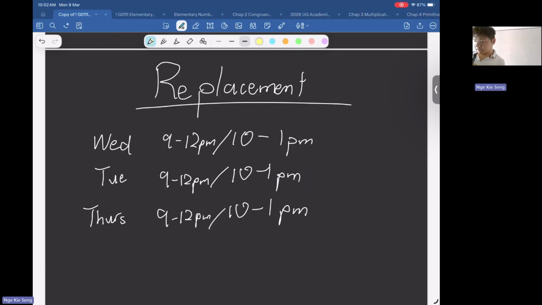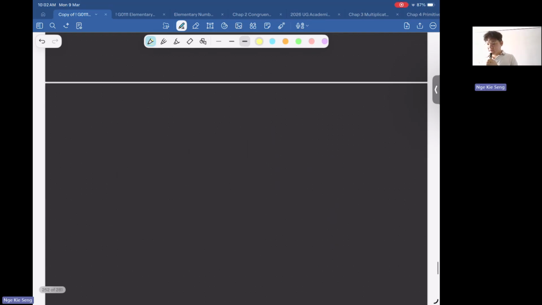Okay, so for this chapter, we will deal with a concept called primitive root. So what is a primitive root?